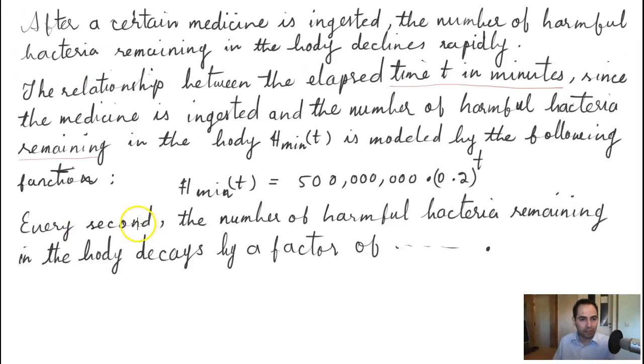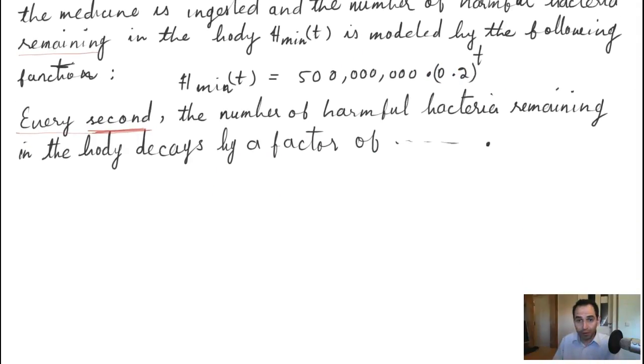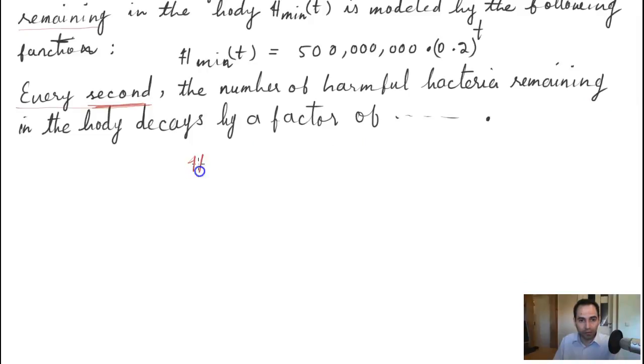So the question is about every second, and here we had minutes. The number of harmful bacteria remaining in the body decays by a factor of what? So the question was, my function was basically h of minute of t, which is equal to 500 million times 0.2 raised to the power t.